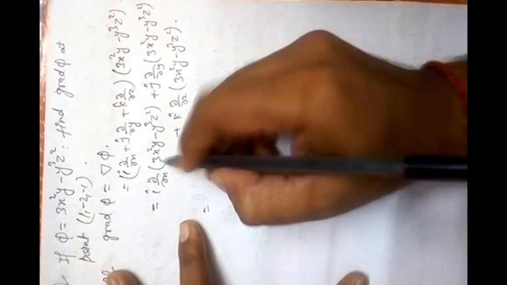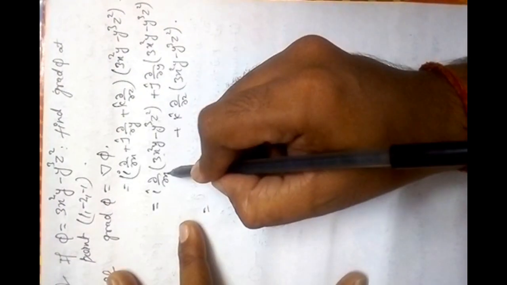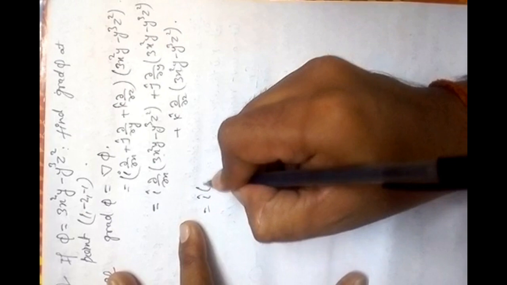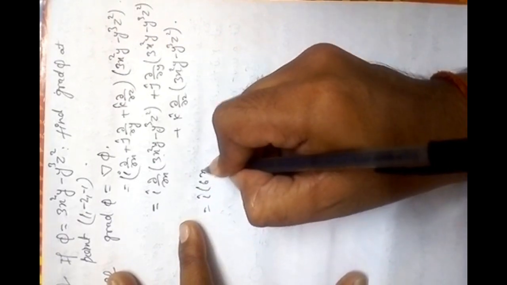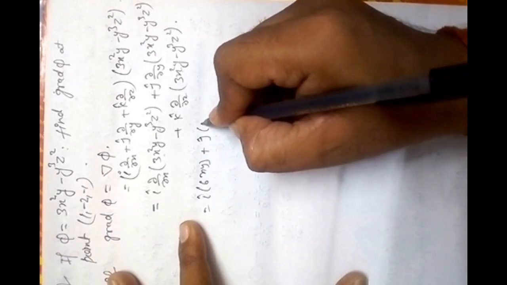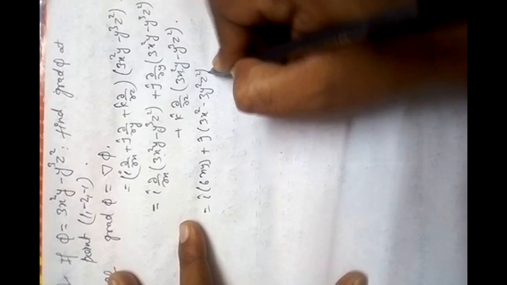Okay, so differentiate with respect to x partially, differentiate with respect to y partially, and differentiate with respect to z partially. Then we get i 6xy, j 3x square minus 3y square z square, and k minus 2 y cube z.